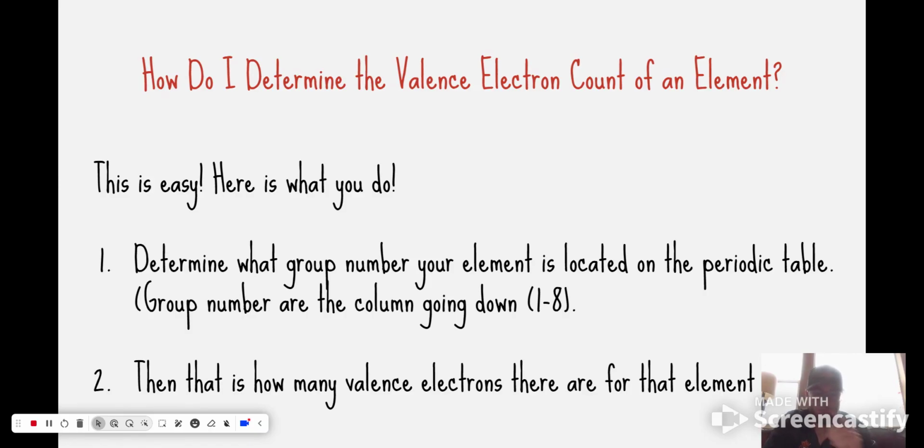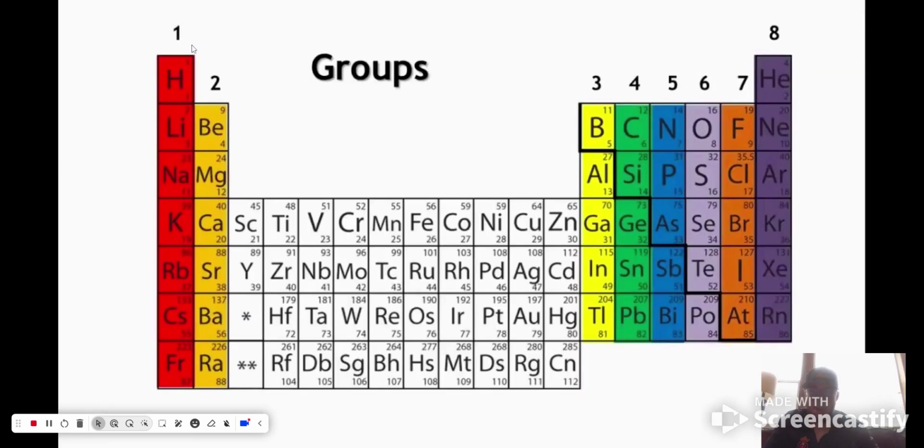So if we're looking at the top number, and I'll go to the next slide so you can see, if it's a 1, and I'll draw it out with you, then it has 1 valence electron. If it is a 2, it has 2 valence electrons. Now remember, these will be on that circle, not like how I'm doing it.